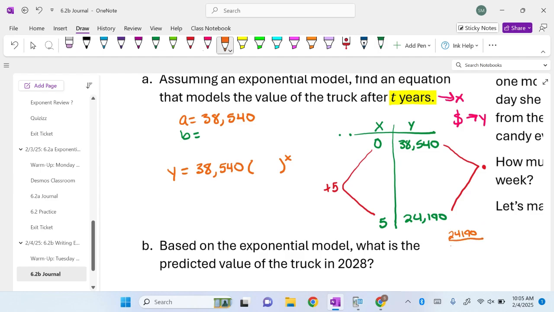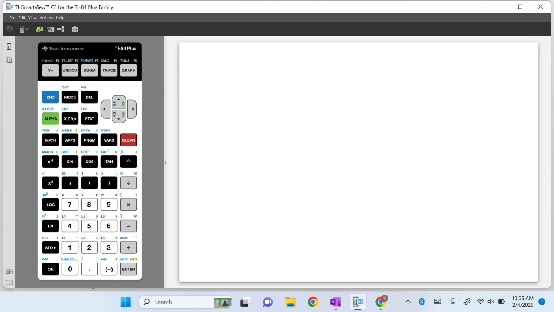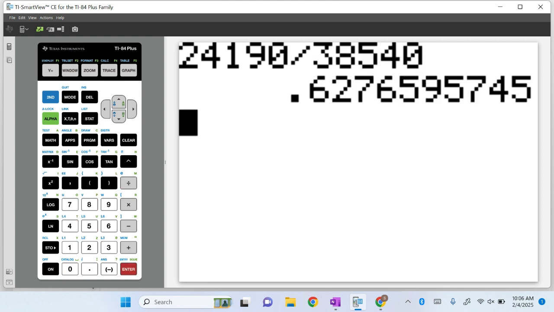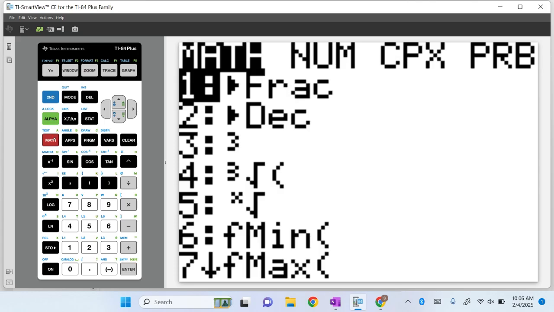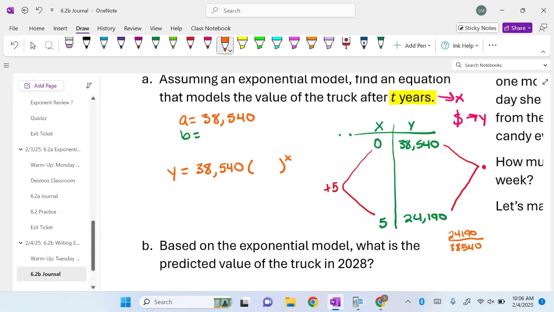It'll be a weird decimal, but it does convert. That gives 0.6276, not quite a nice number. Hit math, enter, enter. It still gives us a semi-decent fraction. So 59 over 94 is what we're multiplying by.